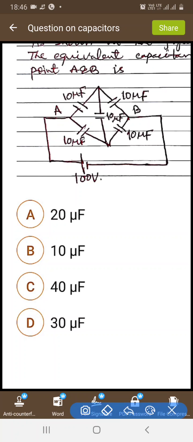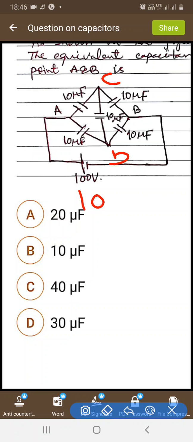For this question you will see the product of capacitance on opposite sides. If they are equal, then there will be no charge flow through the branch CD, that is 10 microfarad.